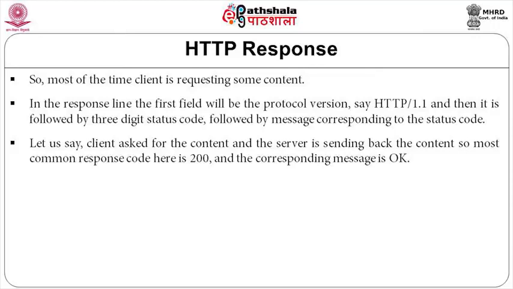There are various categories of response codes, and then it is followed by a message, a text corresponding to the response code. For example, the most common response code, when it is a normal response, when you have asked for content and I am sending back the content, would be 200, the digits 200.